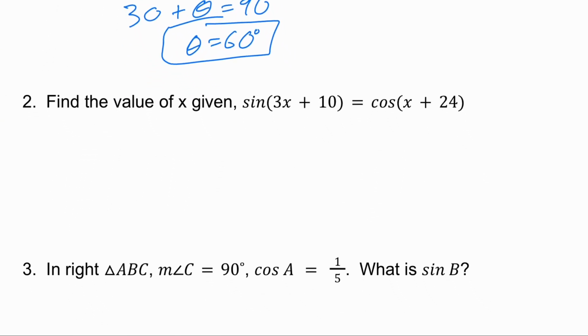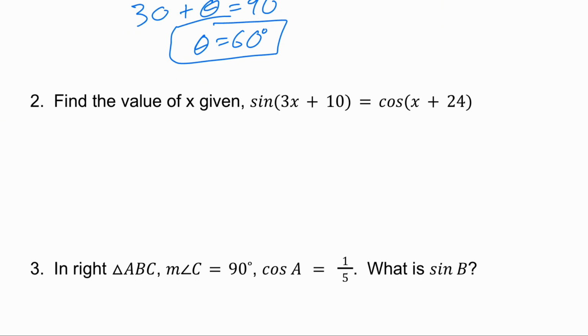All right, so again, setting these equations equal to each other, we know sine and cosine are equal to each other when the angles are complementary, so 3x plus 10 and x plus 24 add up to 90. So we could do 3x plus 10 plus x plus 24 equals 90 degrees, and we'll solve for x.